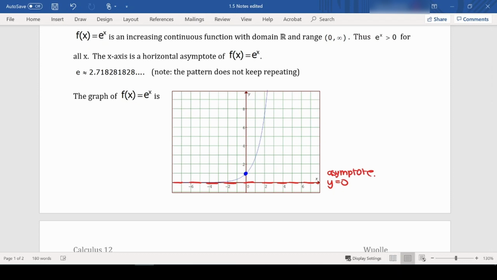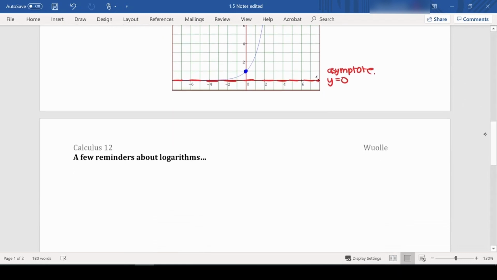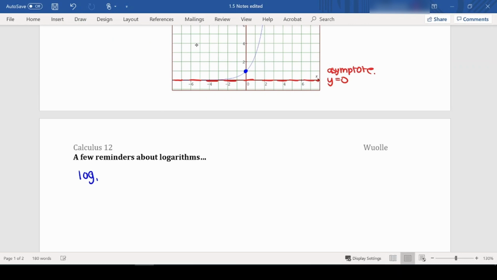Now, a little feature about our natural base e is that, normally when we look at logs, okay, a couple of reminders. Usually we have something like log base 10 of 100, and this would equal 2 because we have 10 to the power of 2 equals 100.